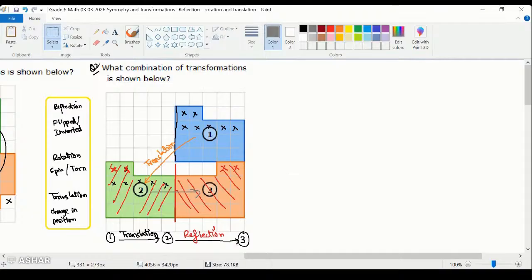Let's look at another example. We agreed till now, right? Now what they have is a set of triangles. Something is happening to the triangles.